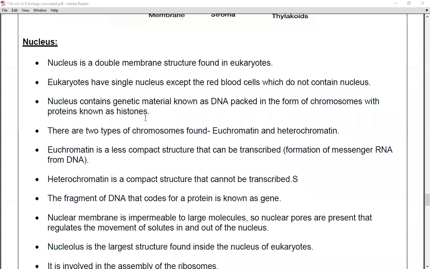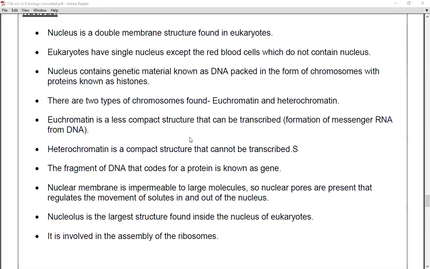It is packed in the form of chromosomes with specialized proteins known as histone proteins. So if it is asked which proteins play a major role in packaging the DNA, those are the histone proteins, right?